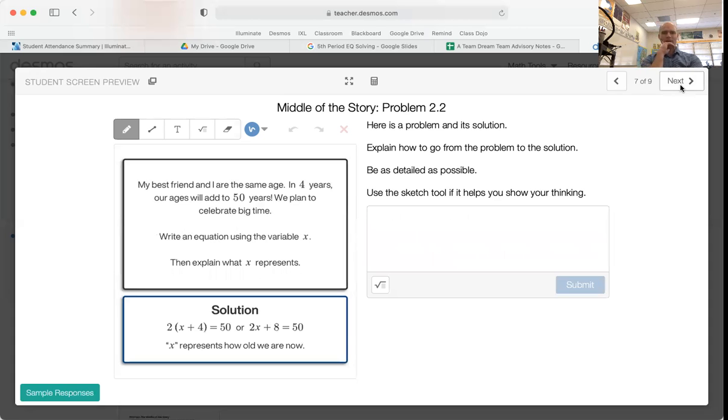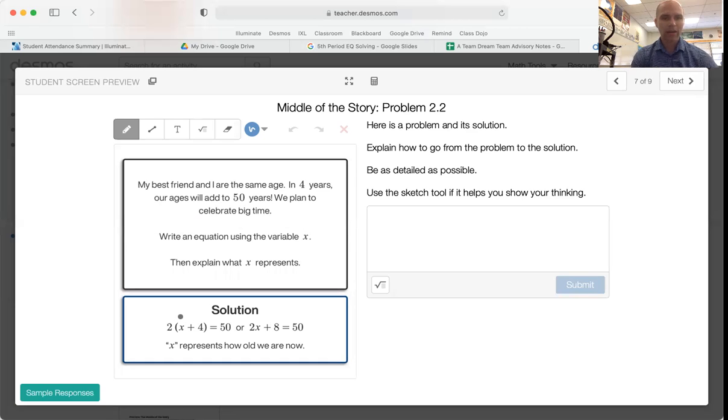All right, and so this one, it looks like it's the same question, but this time they want us to describe how did we go from the word problem to the equation. So it's very similar. Our answer is going to feel pretty similar, actually. So it looks like we're supposed to show maybe how either or works. How about this?